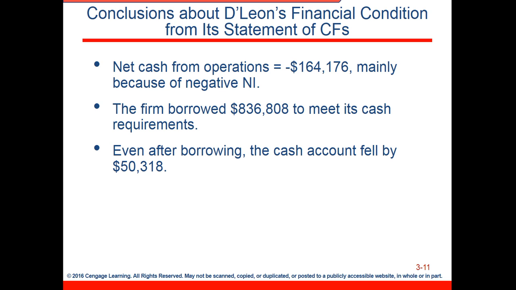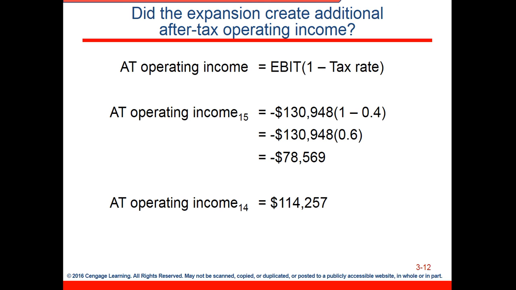As I mentioned, the negative cash flow from operations is mainly due to negative net income. The firm borrowed an additional $836,000 to meet the cash requirements from operations and investment, and even after borrowing, the cash fell short by $50,000.